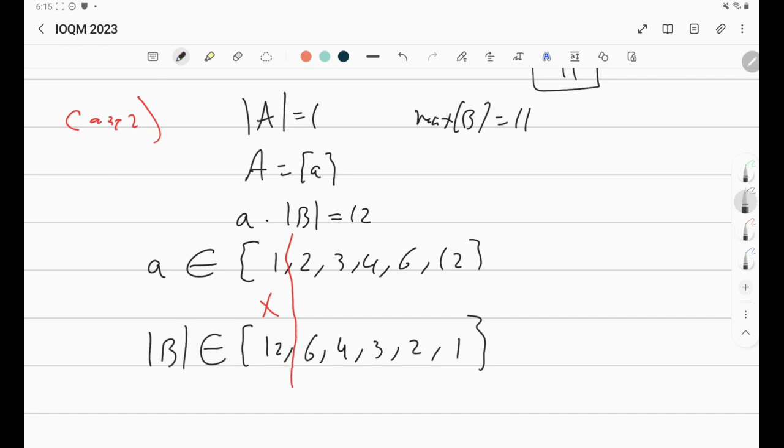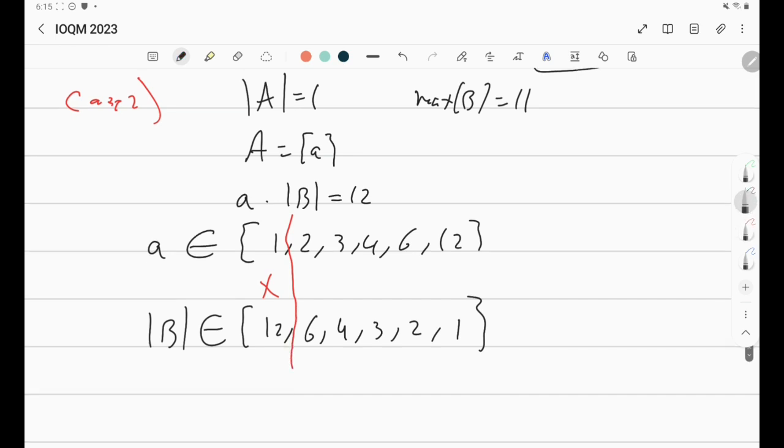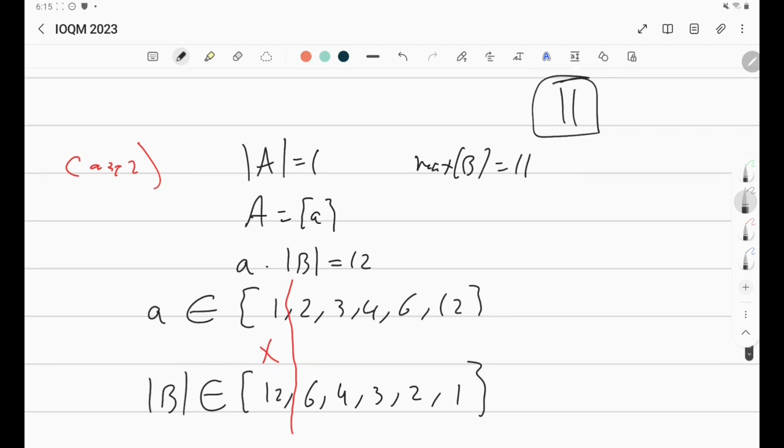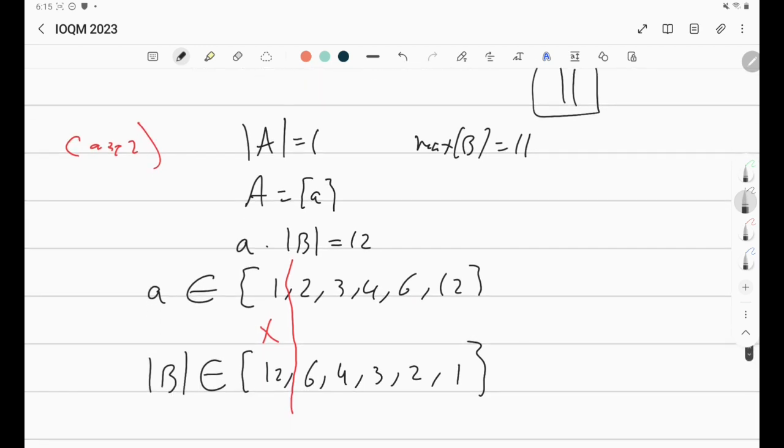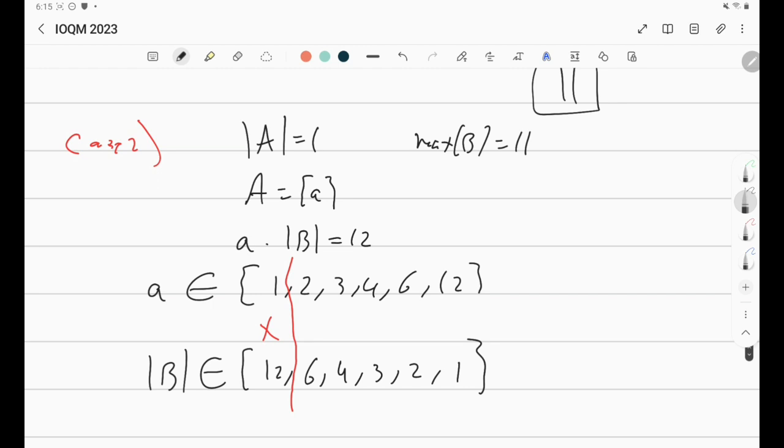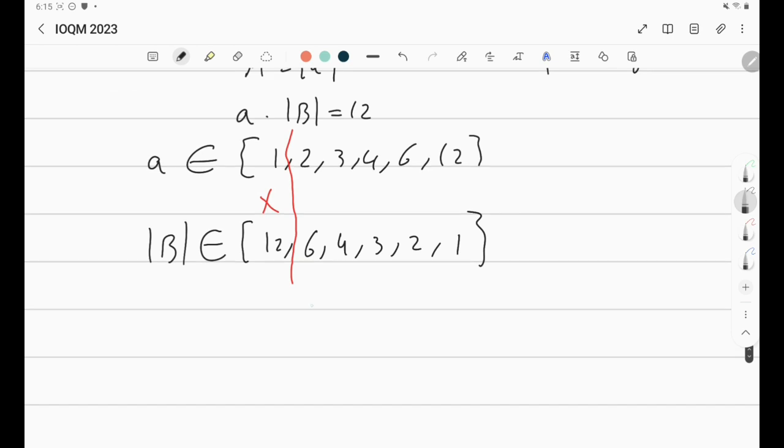For 2 and 6. Okay, right now, if A is 2, we don't have any condition, so let's just focus on B. We know that the max B is 11. So now we just have 5 elements remaining. We need to pick 5 elements from the numbers from 1 to 10. This can be done by 10 choose 5.